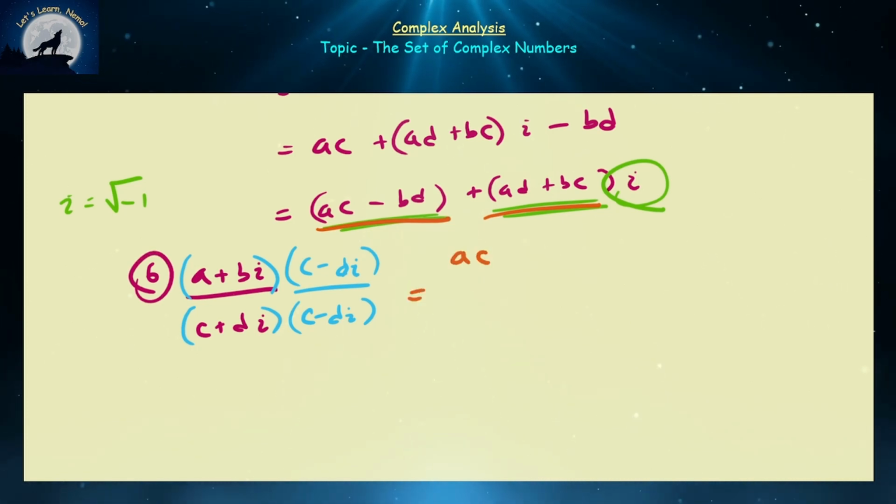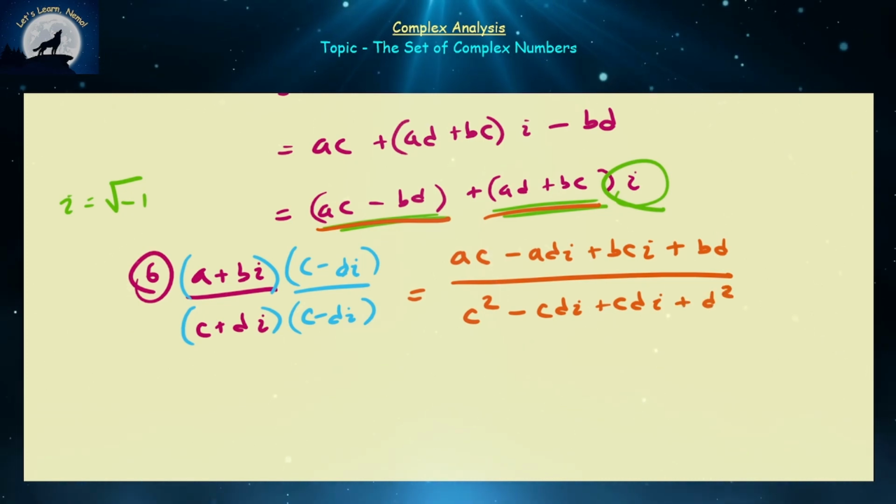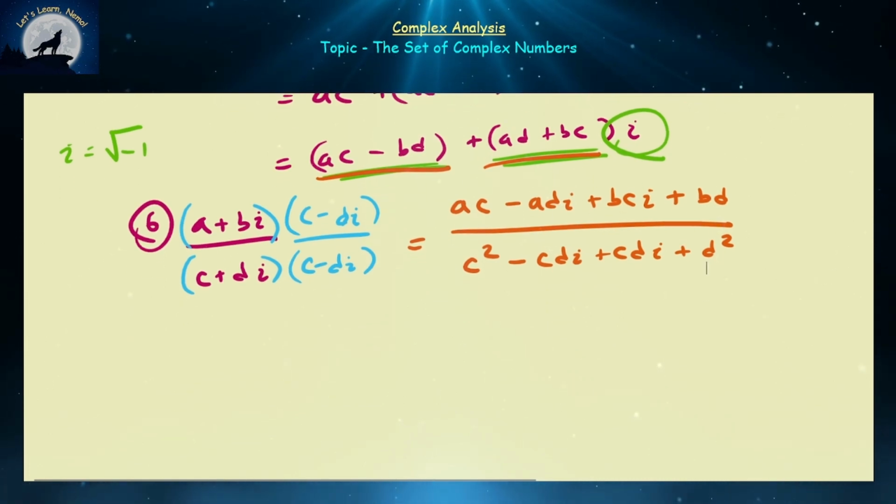Well, we're going to have AC minus ADi plus BCi, and then minus BDi squared, which would just be positive BD. And on the bottom, we're going to have C squared minus CDi plus CDi, and then minus Di squared, which would be positive D squared. What we have here, which is very interesting, is that these two terms vanish and we can cancel them.